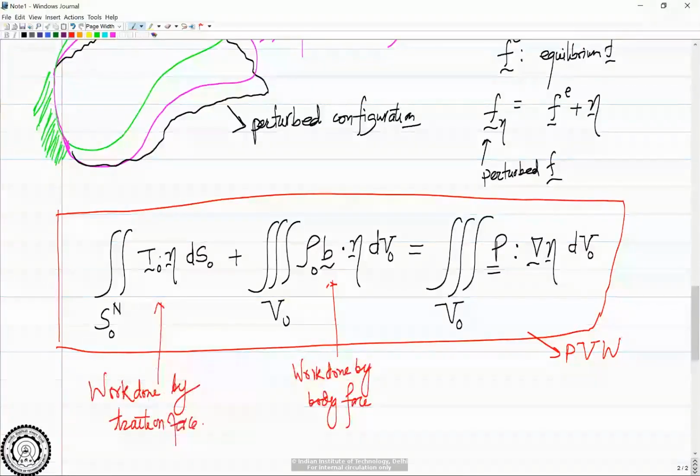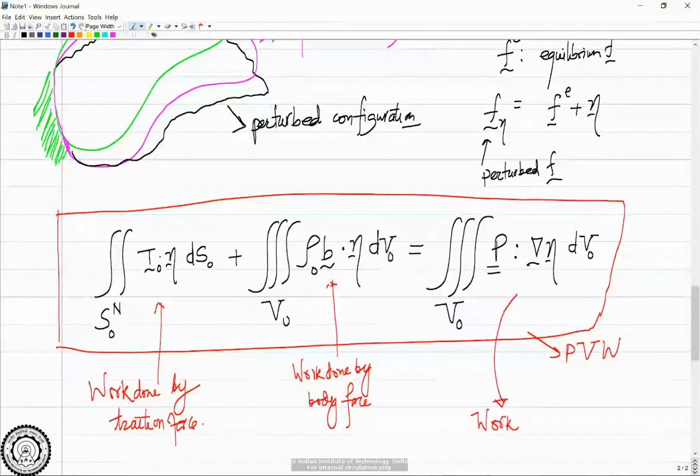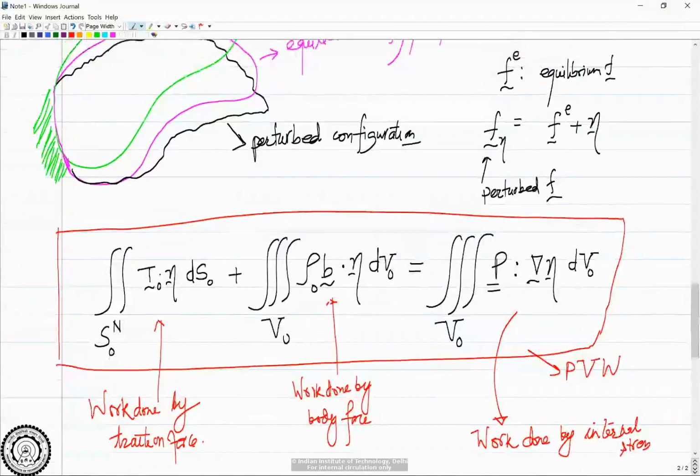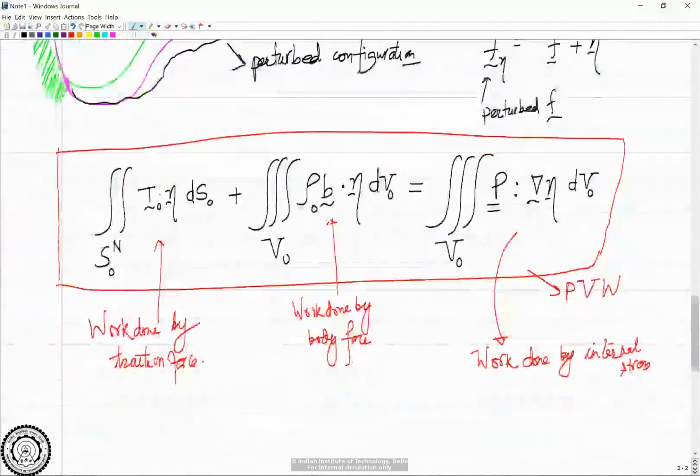And what about the right hand side? What is this? This is also called work done by internal stress. Let me make it more clear why it is so, at least for the elastic case.